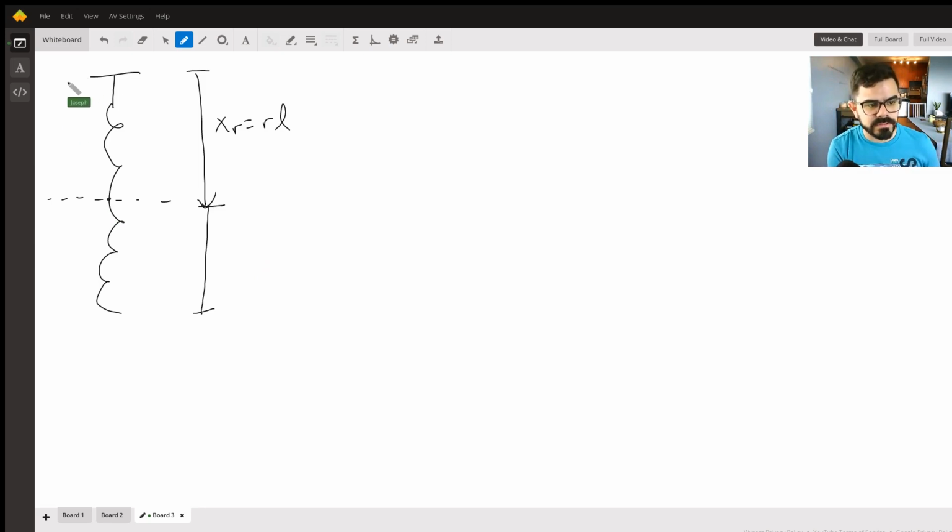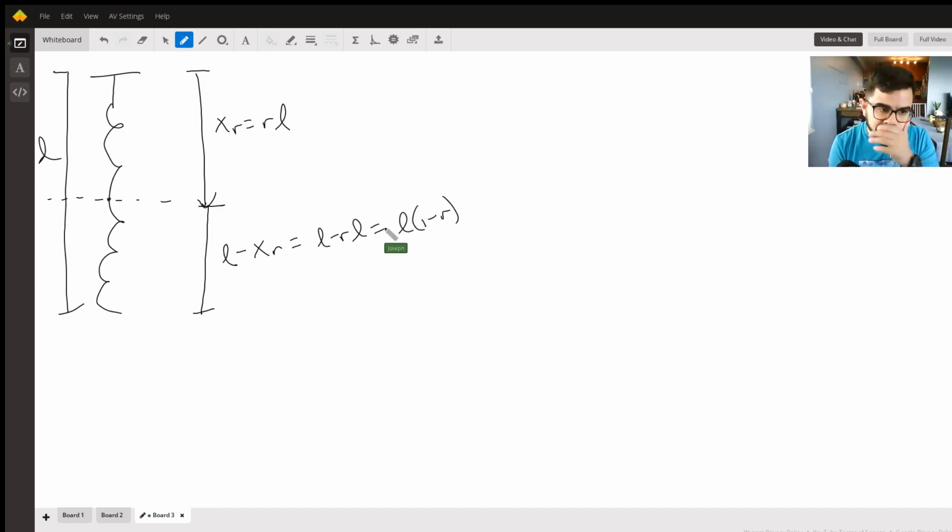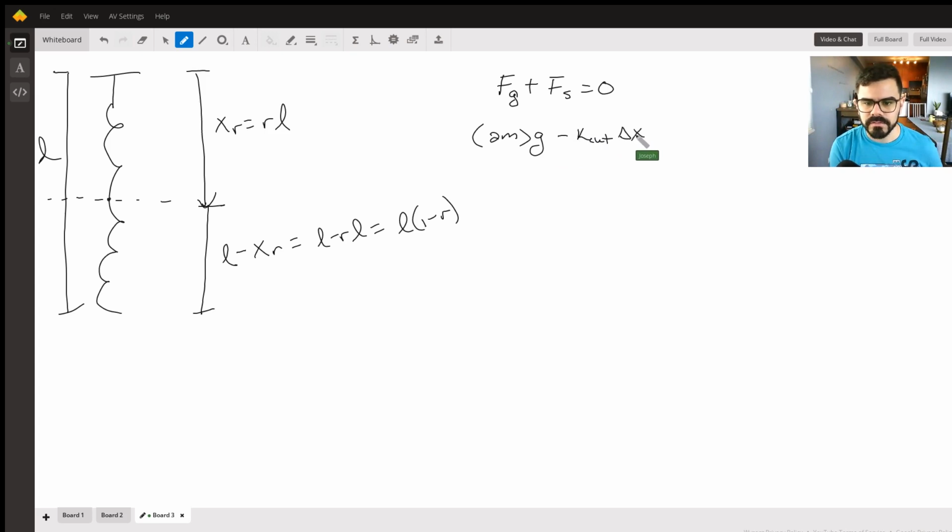Since this is the original spring, this distance is L, so this distance is L minus XR. And we're going to put a 2m mass here. So now the forces are the same balance of equations. It just changes that now we have 2mg minus k cut delta x.